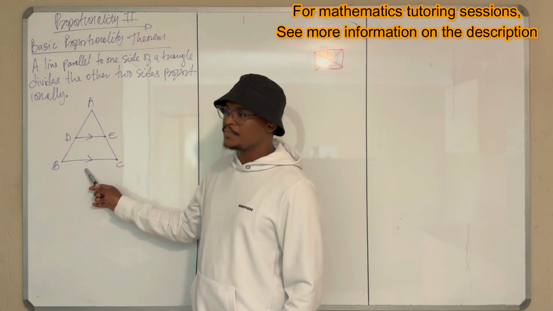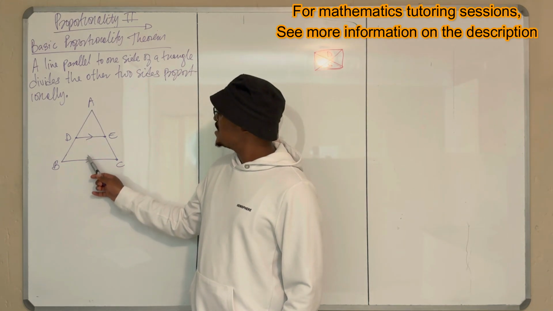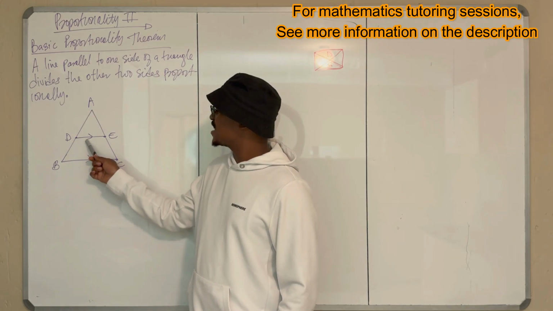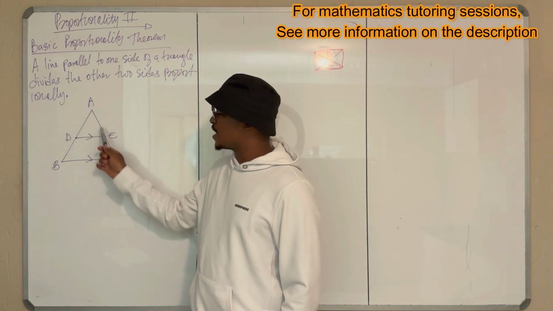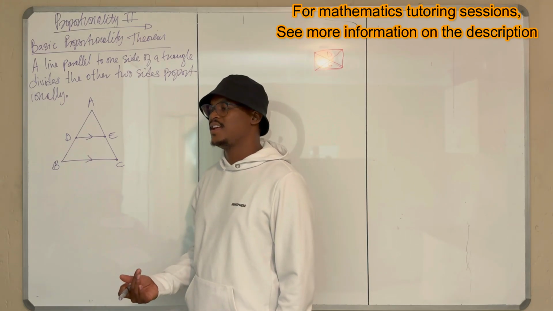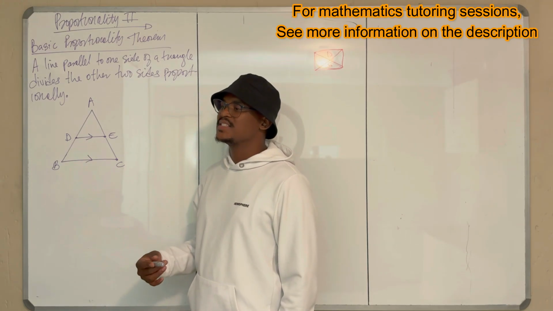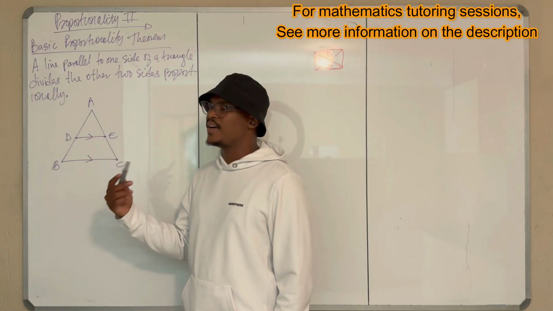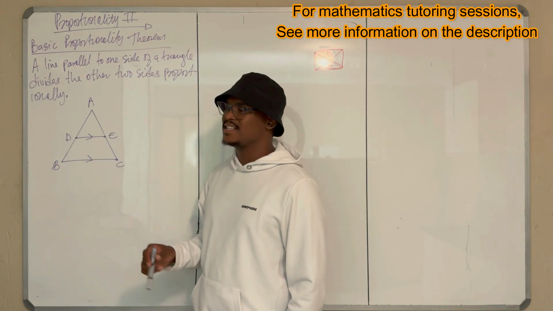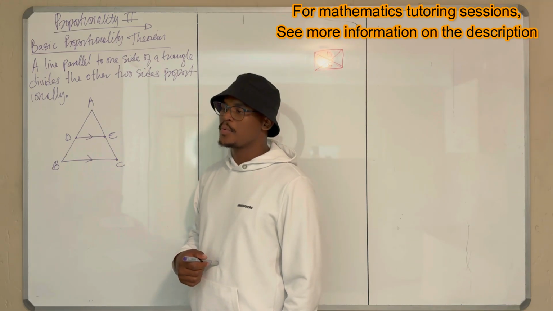So what we said on the previous video is that this line segment DE will divide these two sides proportionally. Does that mean equally? Not necessarily, right? But it means that DE will divide those two sides, AB and AC, at equal proportions.